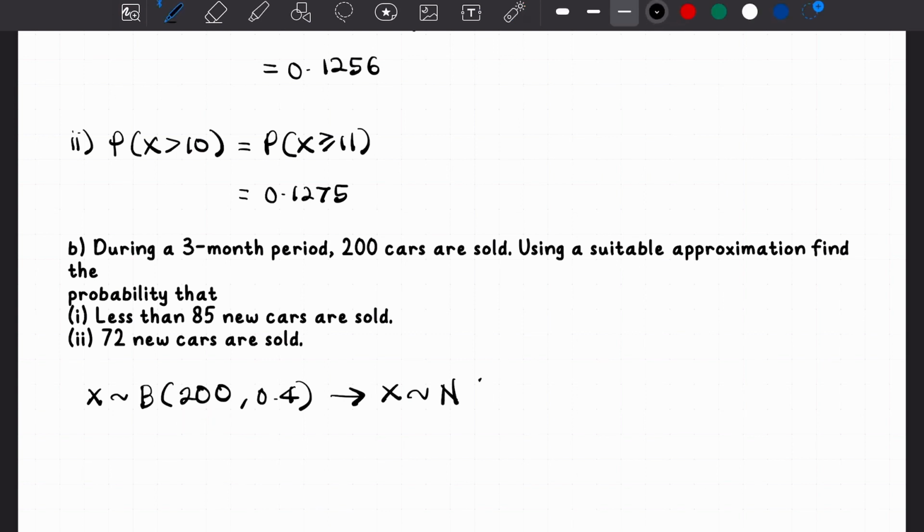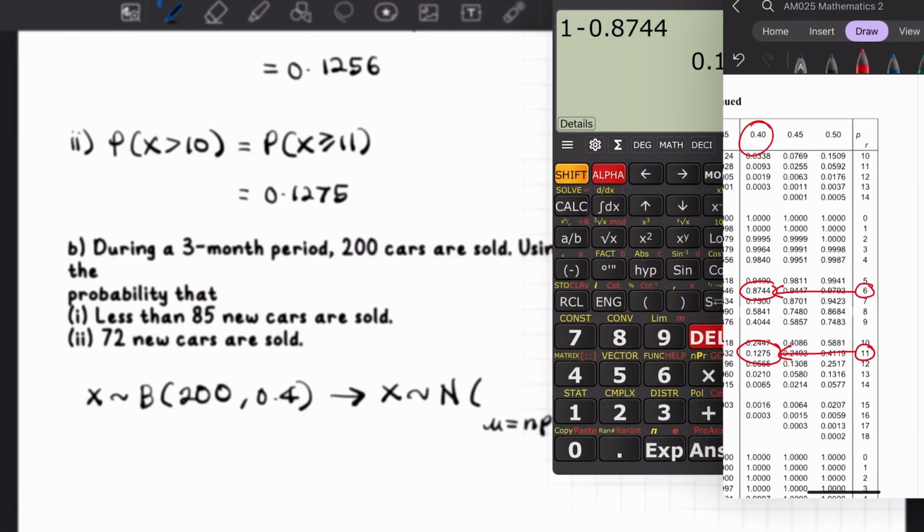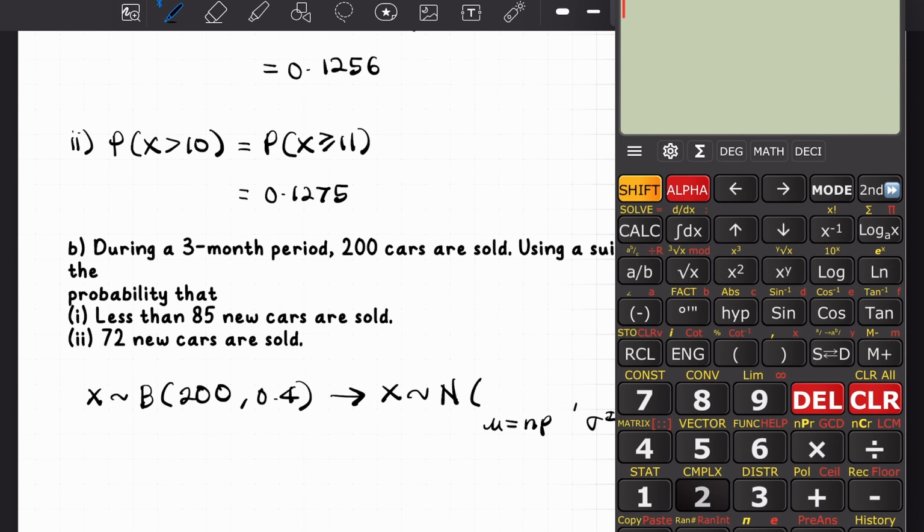So let's find the mean, which is np, and the variance, which is npq. 200 times 0.4 is 80, and 200 times 0.4 times 0.6, where 0.6 is q, gives 48.